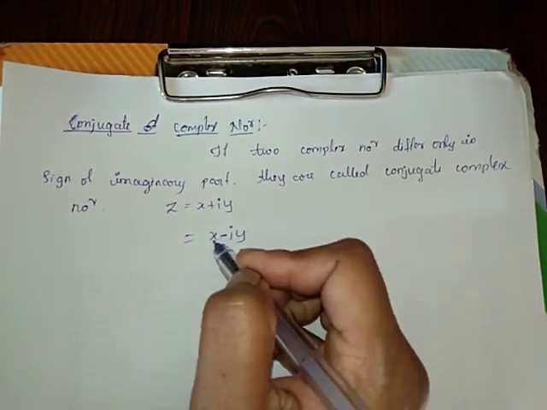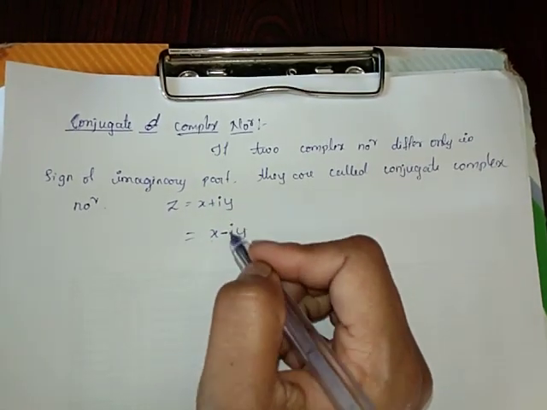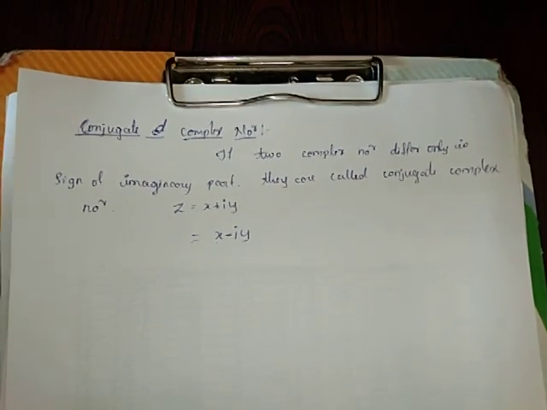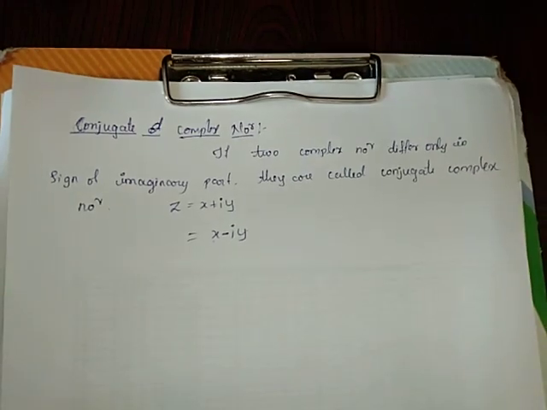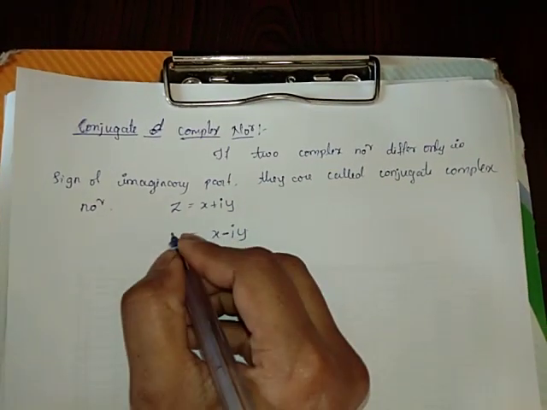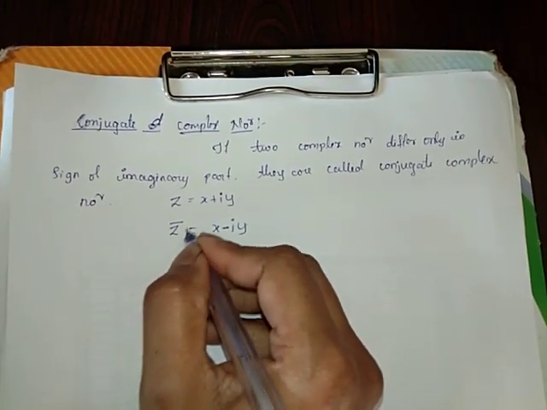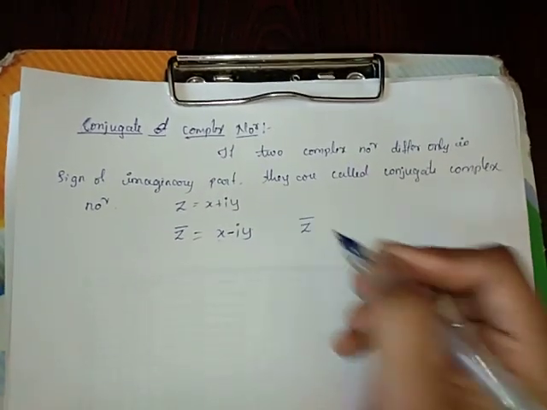All the remaining values and signs are the same, only the sign of the imaginary part differs. Those kinds of complex numbers are called conjugate complex numbers. The conjugate is denoted by this symbol.